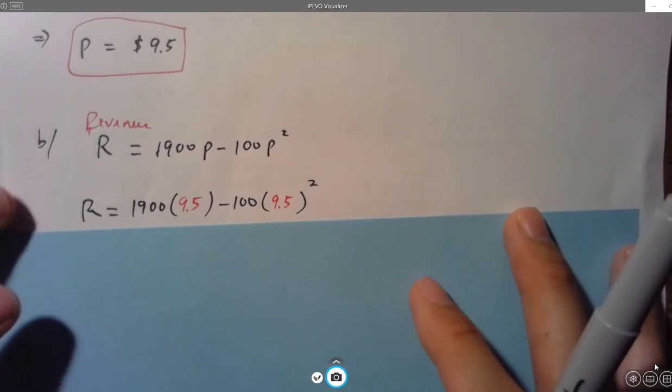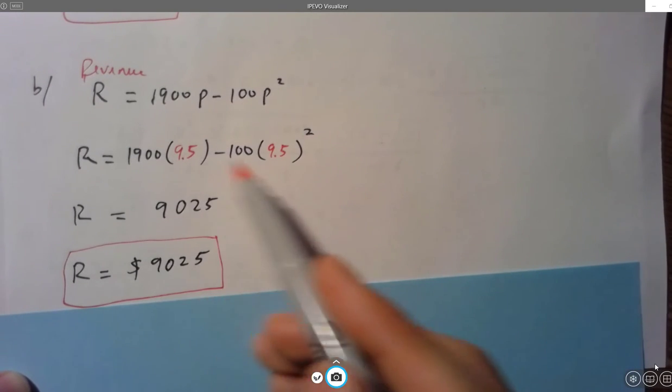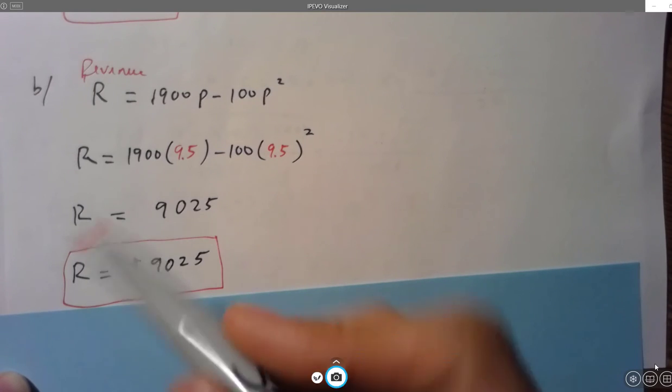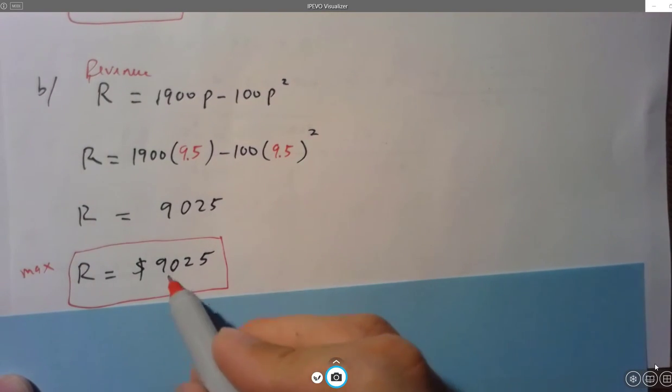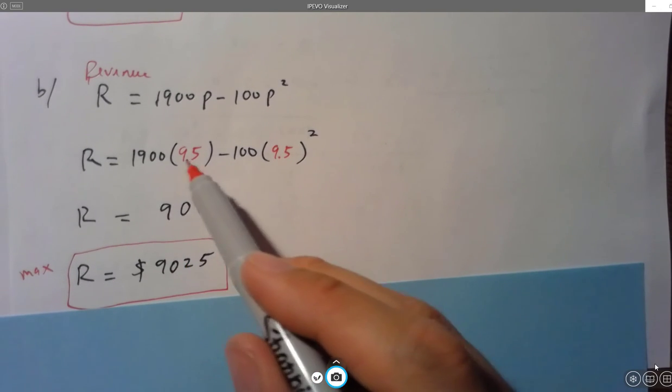Then we simplify that, and we found that the max revenue should be $9,025 at the price of 9.5 for P.